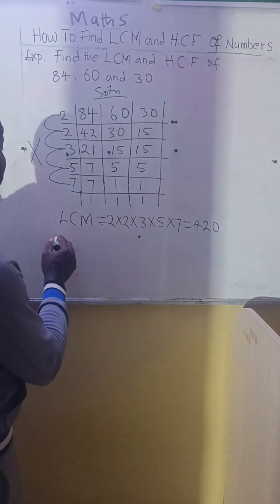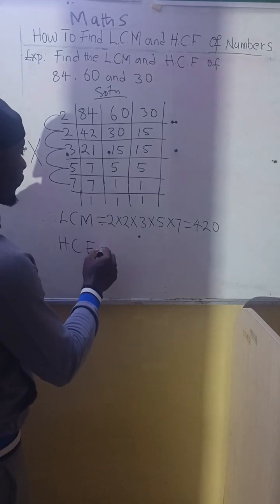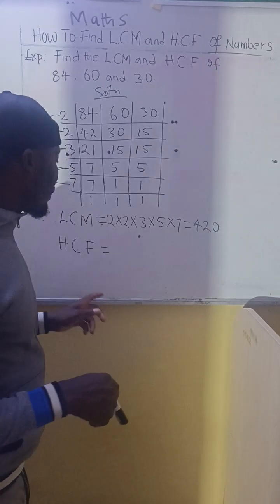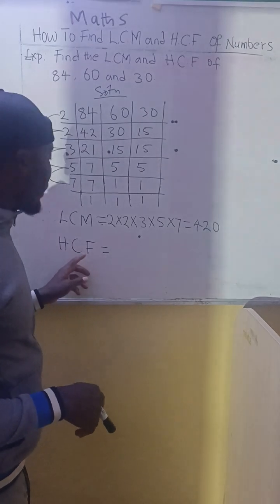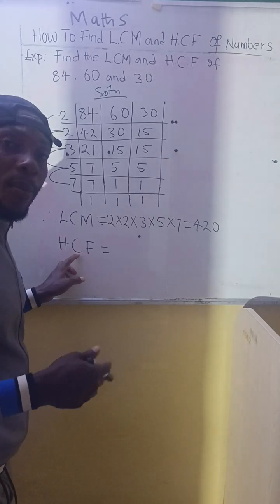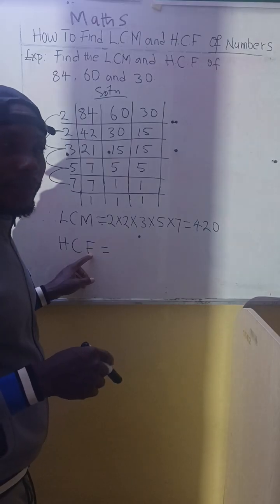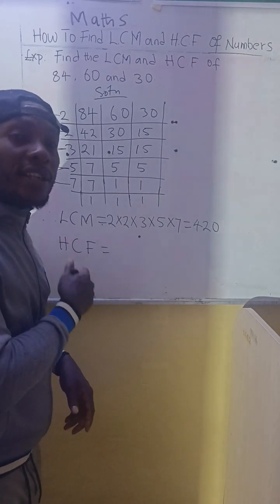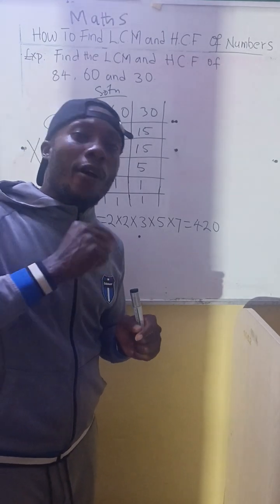Quickly, what about the HCF? Now, I need you to understand one thing about the HCF. H is the highest, C is the common, take note, common factor. What we are interested in for HCF are those prime numbers that are common.